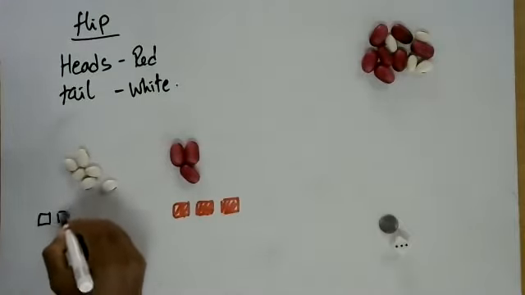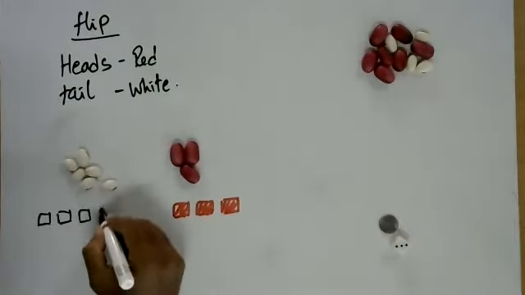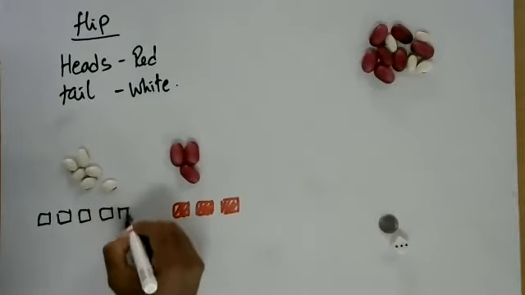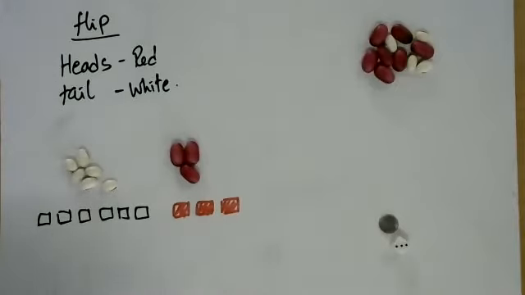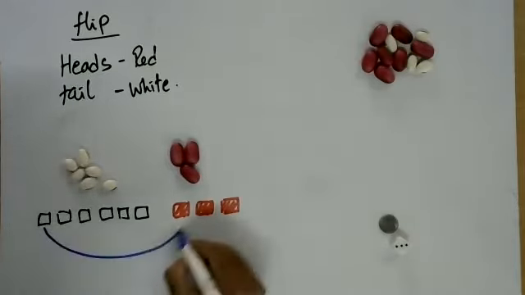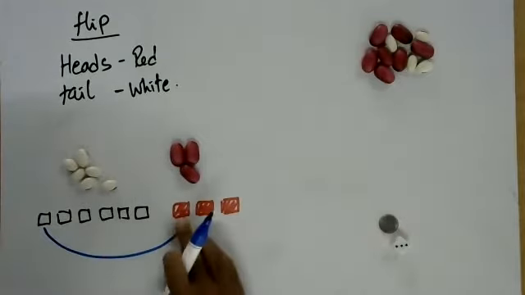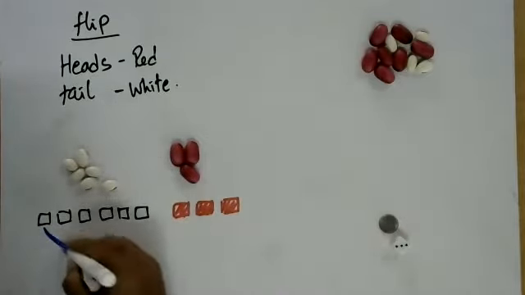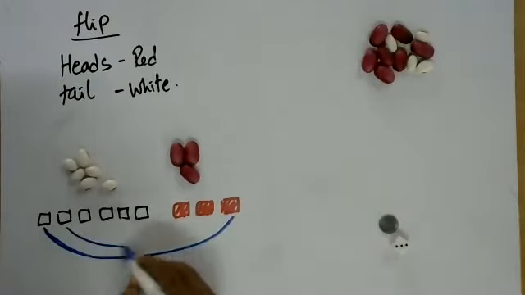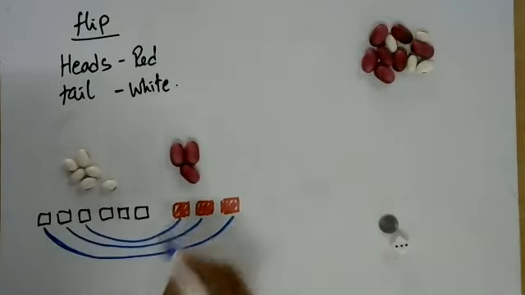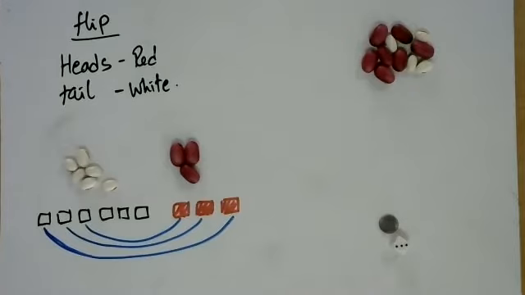So I can put it as 1, 2, 3, 4, 5, and 6. Okay. So now I start the pairing. So this pairs with that, or shall I put it in the outer part? That will be better. I'll pair this with this, this with this, and this with this. So now what is left behind, that you have to write.